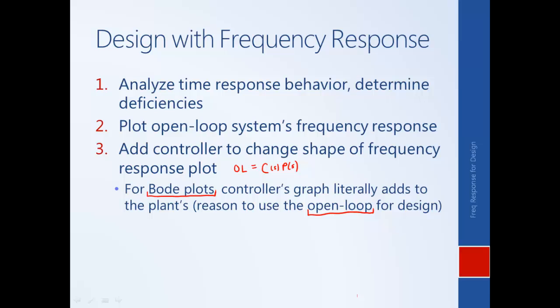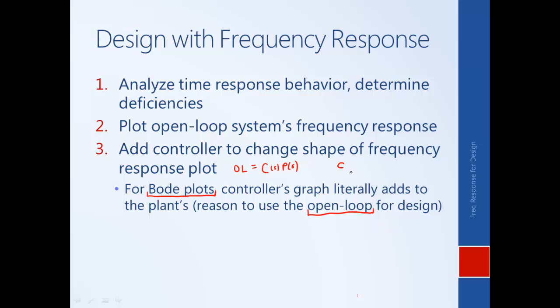If we had something like a Nyquist plot, we don't get that nice additive behavior, so it's harder to determine the type of controller that we need to reshape the system's frequency response.